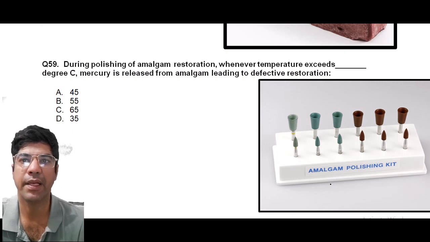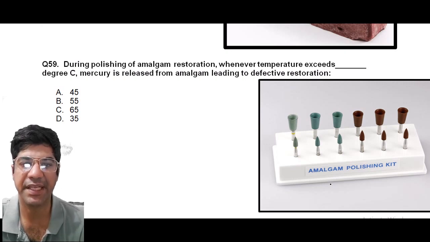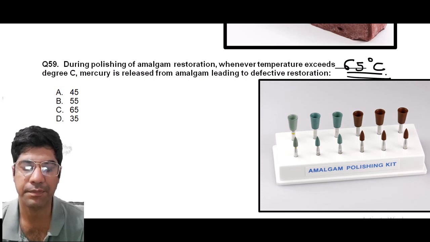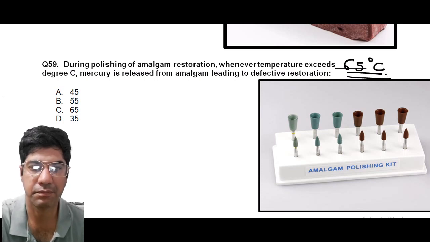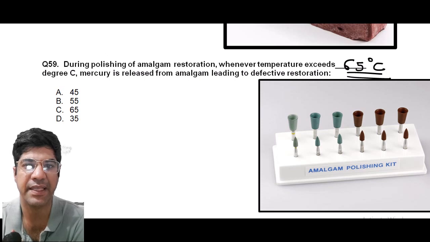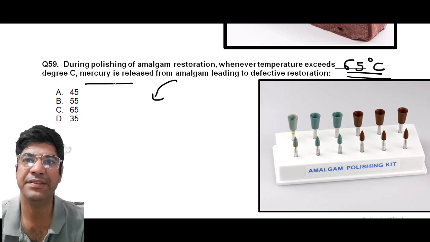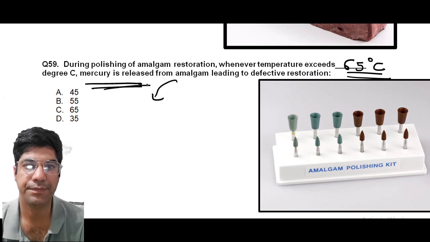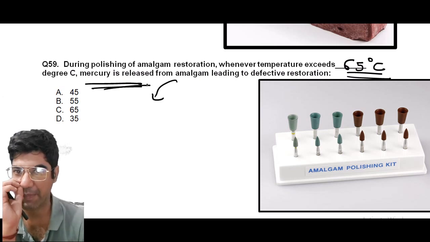During polishing of amalgam restoration, whenever the temperature exceeds 65 degrees Celsius, mercury is released from amalgam. So when amalgam restorations are polished at temperature exceeding 65 degrees, there is a risk of releasing mercury vapors from the amalgam material.